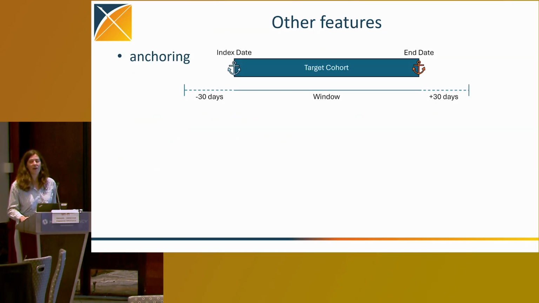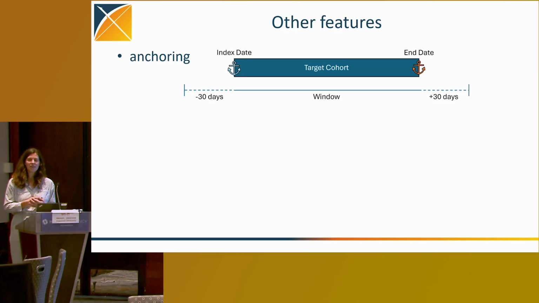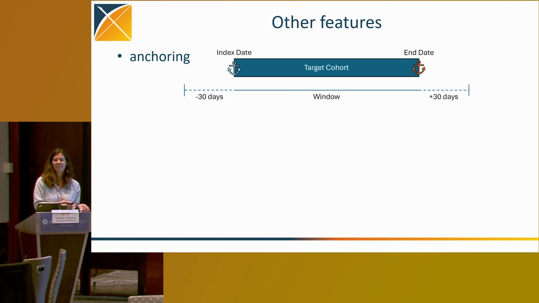Just to highlight some other possibilities with the current package is anchoring, which is what I already referred to a little bit earlier. For the package, the starting point is we're looking at the periods of the target cohort, so the start till the end date. But it might be that for some cases, and actually it was the case for our asthma example, sometimes treatment is initiated to confirm diagnosis.